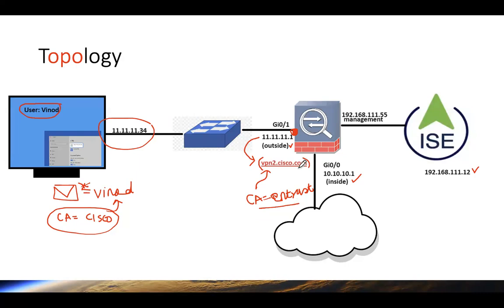So we need to make sure a certificate is installed on the interface gig 0/1 facing the outside internet space, which is issued by Entrust CA.